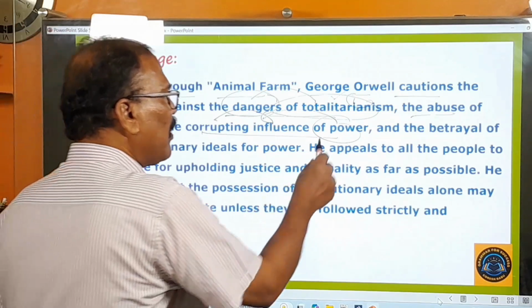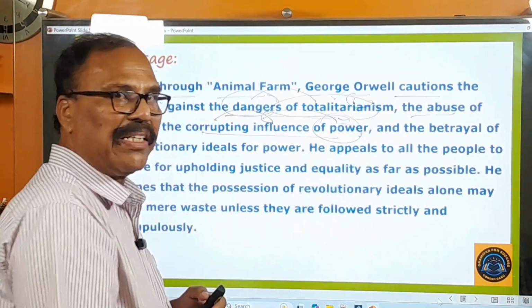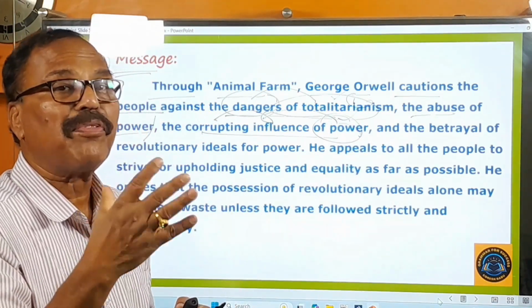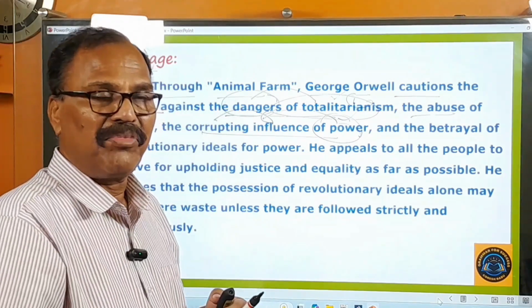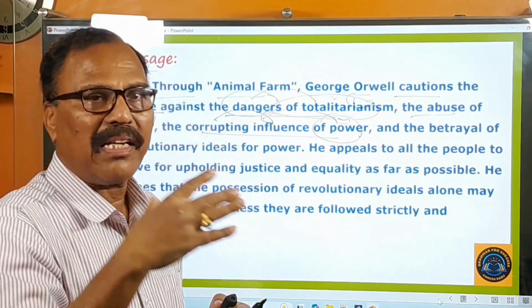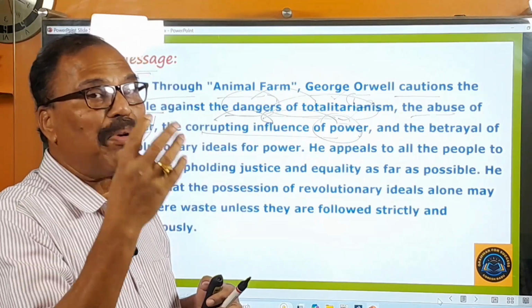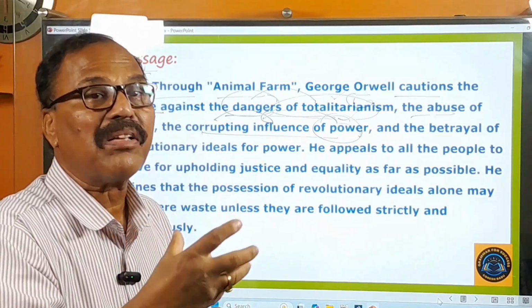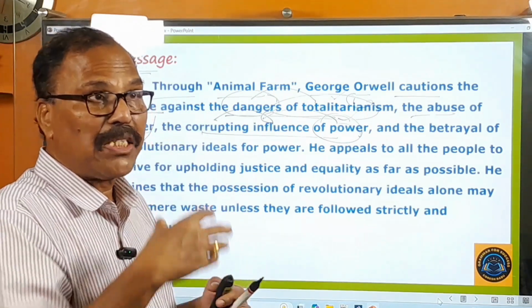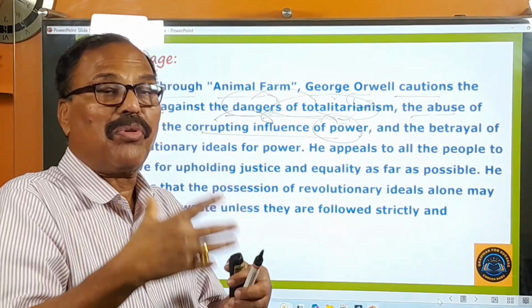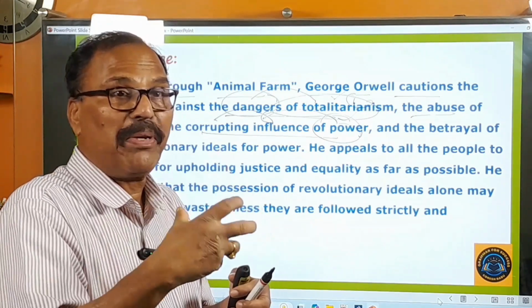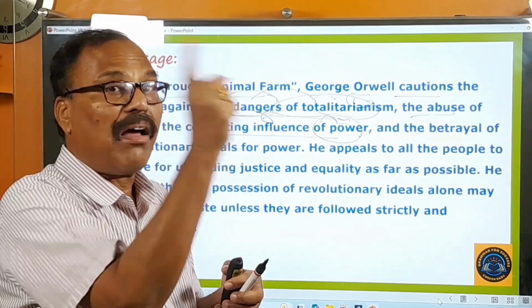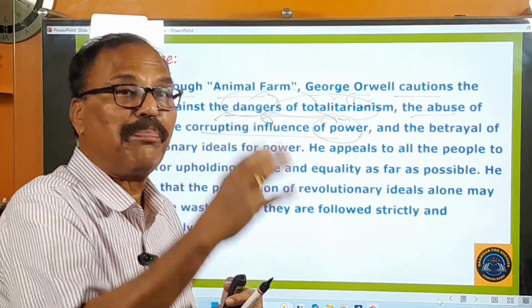And therefore, for this power, people nowadays are spending crores of rupees. Just to be elected as an MLA, just to be elected as an MP, people are spending hundreds and hundreds of crores of rupees. If they spend 200 crores, it means they are going to buy that power. And after he comes into power, what does he do?